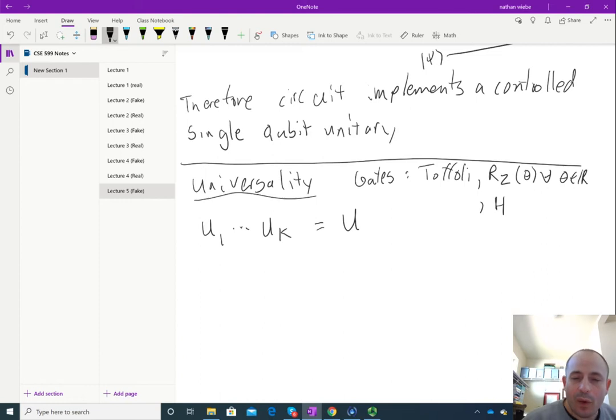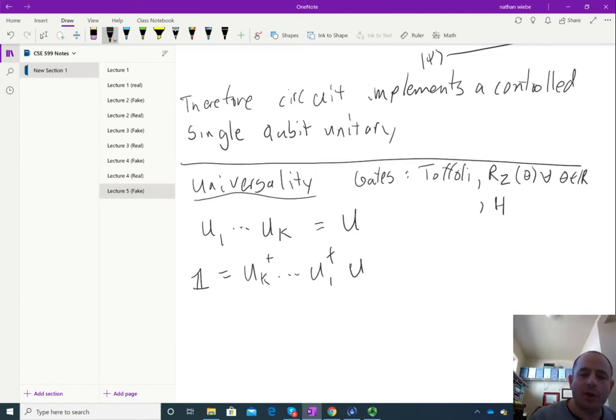Now an easy way of solving this equation is actually just by doing the following. We can say that identity is equal to UK dagger through U1 dagger, U. So if we can find a sequence of matrices such that when we left multiply the target unitary we want to build with them we get the identity, then we can just work backwards.